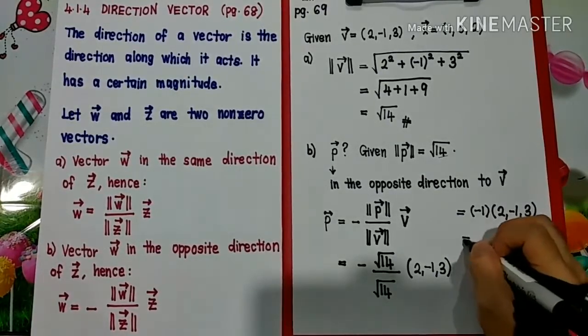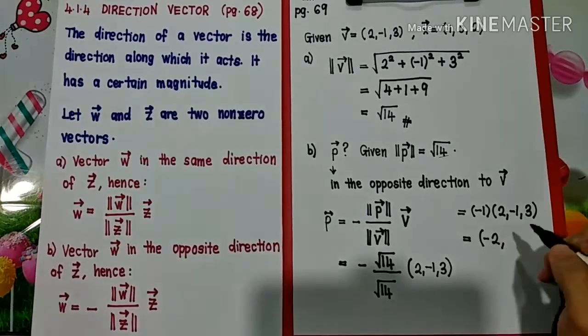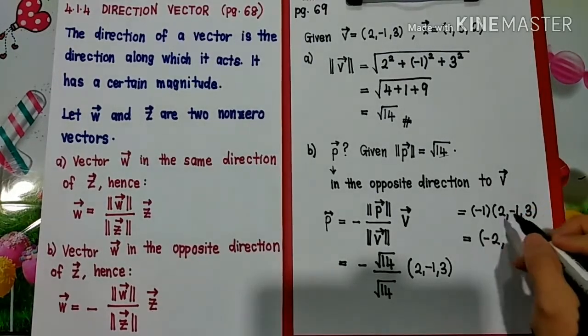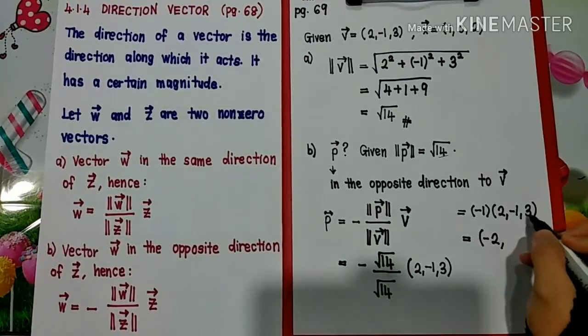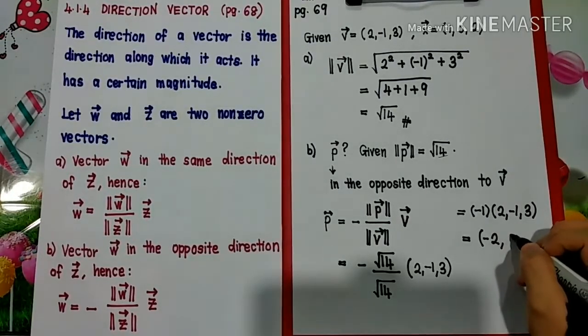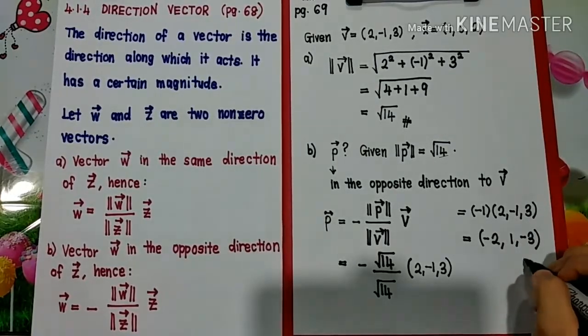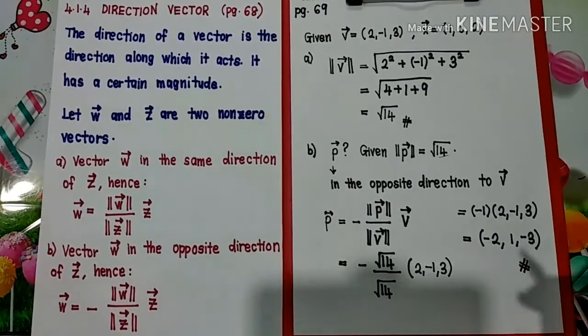So what will you get for the vector P? P here equal to -2, because you multiply -1 with each element inside the vector V. So (-2, 1, -3). So now you get the direction vector P.